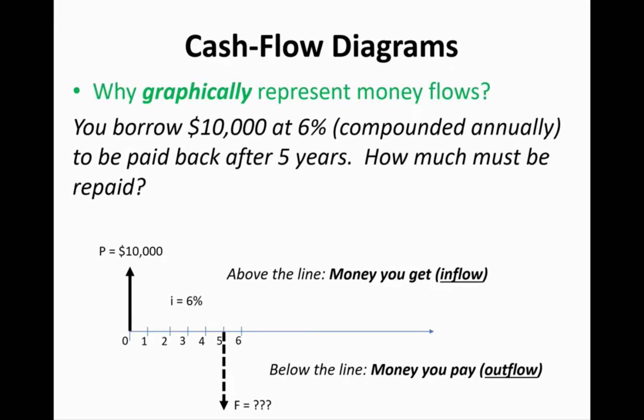Whereas you simply can't understand the scenario as quickly if you're reading it in English. So there are different ways for us to pose problems like this, and I'm going to give you practice in the assignment of translating the English statement into a cash flow diagram and vice versa.